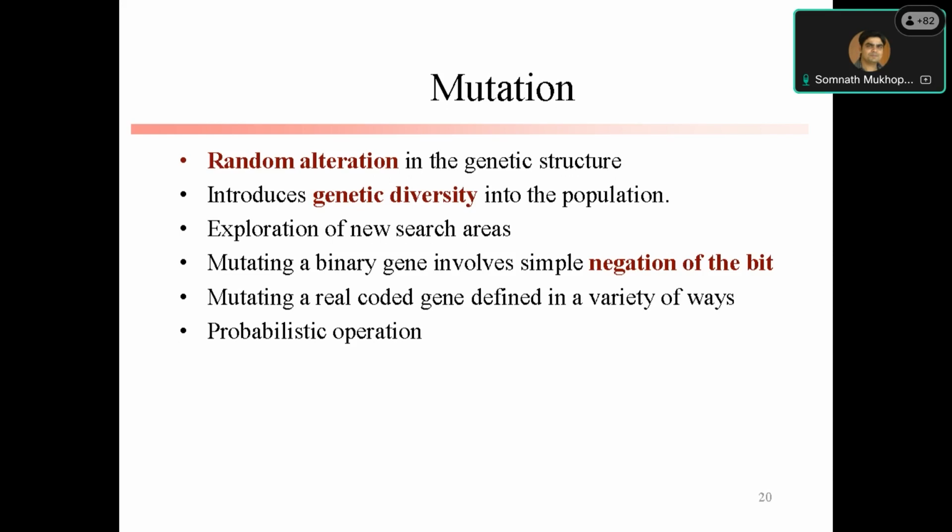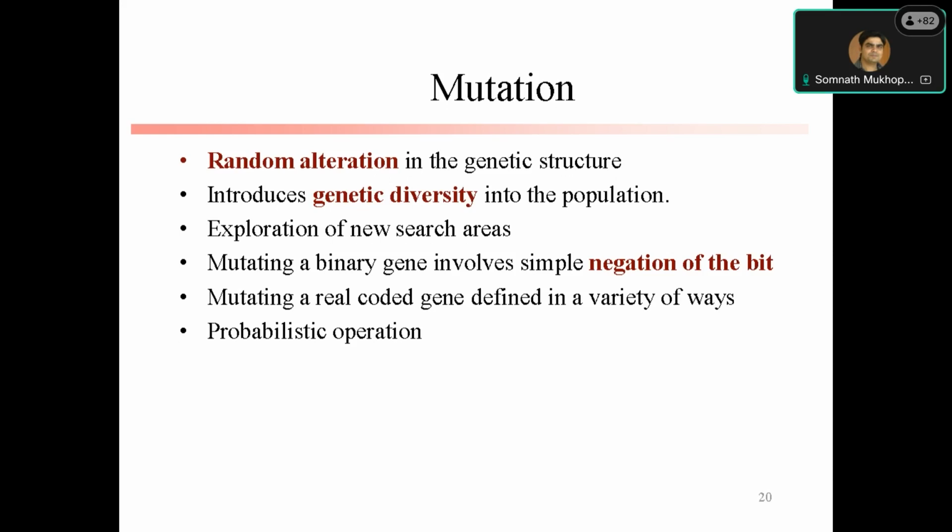It is also used to avoid local optimal solutions, because sometimes the search algorithm is stuck in local optima, but by using mutation we can overcome this. We can go beyond the current search area. It happens by using random alteration in the genetic structure, I mean the chromosome. It introduces genetic diversity in the population and explores new search areas.